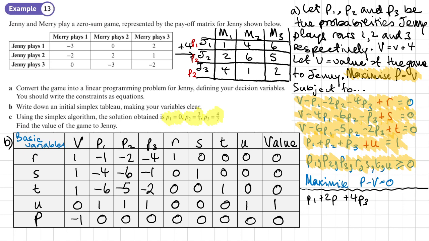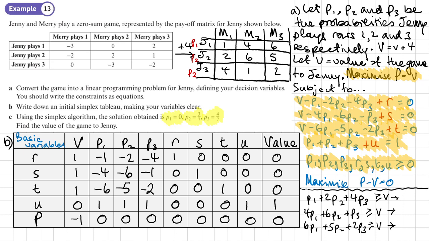And remember that the way that it's written is that those are greater than or equal to V. For the second column, 4P1 plus 6P2 plus P3 is greater than or equal to V. And 6P1 plus 5P2 plus 2P3 is greater than or equal to V. So let's substitute these values for P1, P2 and P3 into each of these inequalities and see what we get.